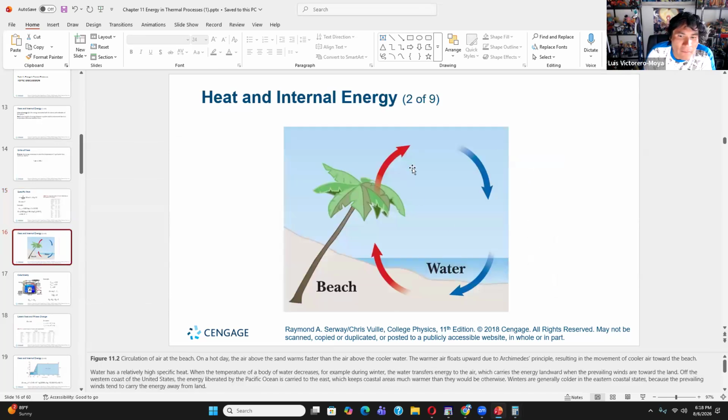Then we have this to illustrate heat and internal energy. Can anybody explain what this is? What are the arrows showing you? There's a nice name for this. Think about how energy is transferred, how heat is transferred.